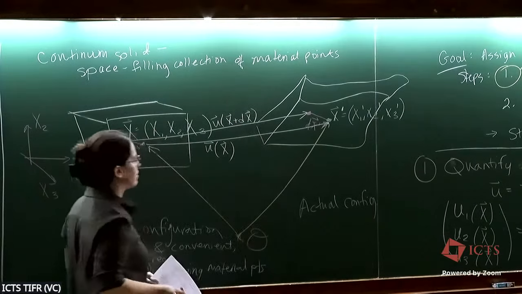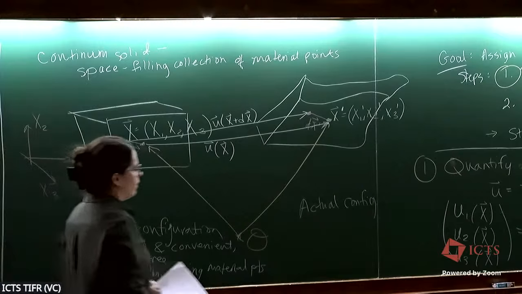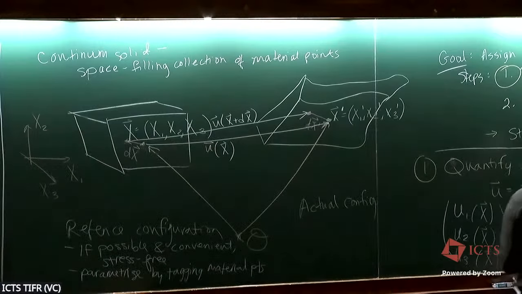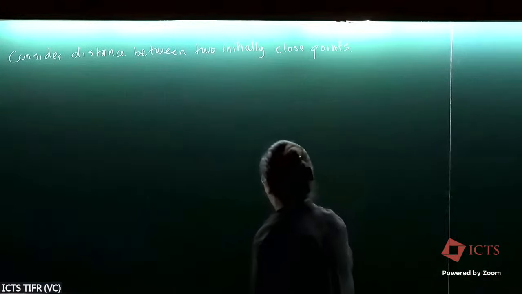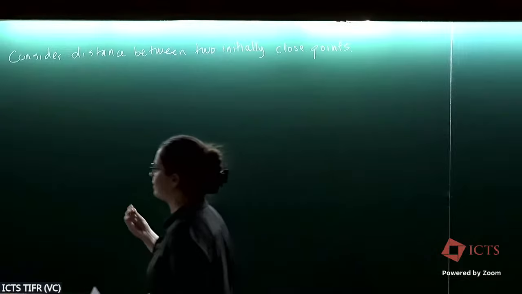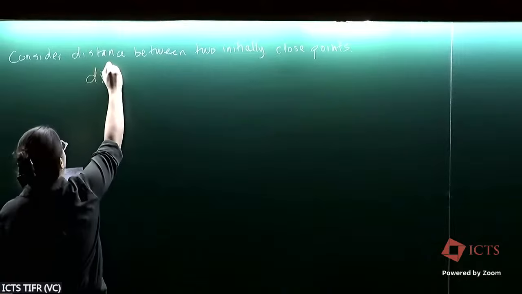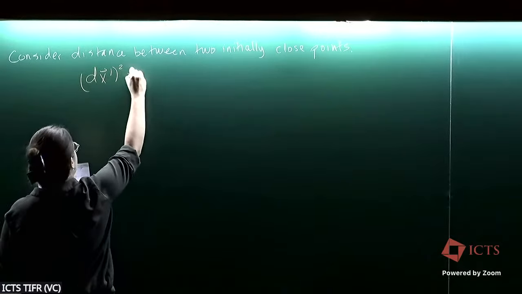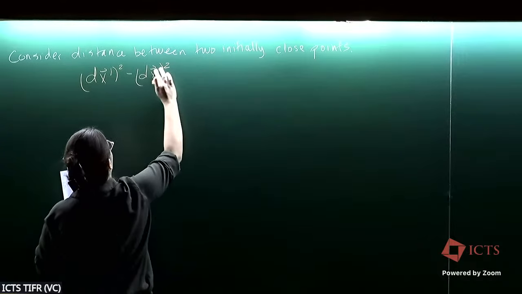Again, I'm using this in terms of this reference configuration. And so now that I've defined those quantities, if what I want to do is consider the distance between two close points and how that distance changes, the mathematical quantity that I want to figure out is the difference between those two separation vectors.